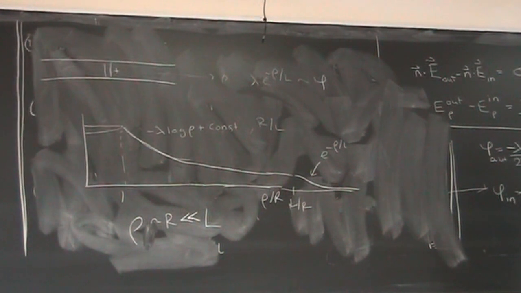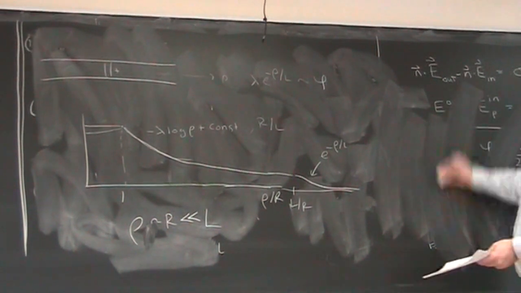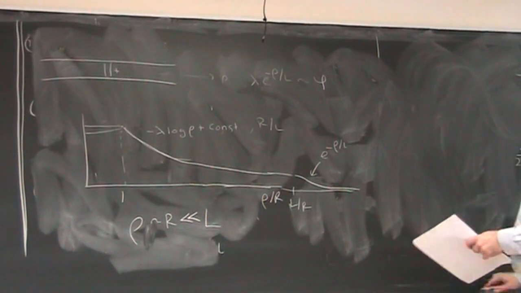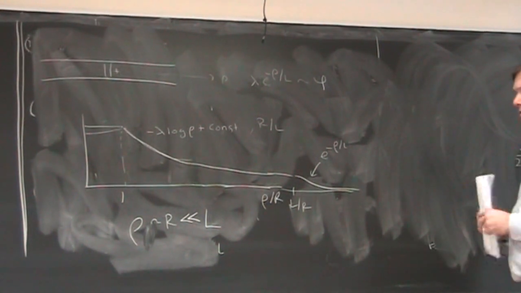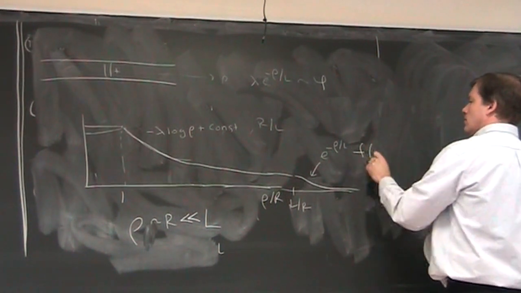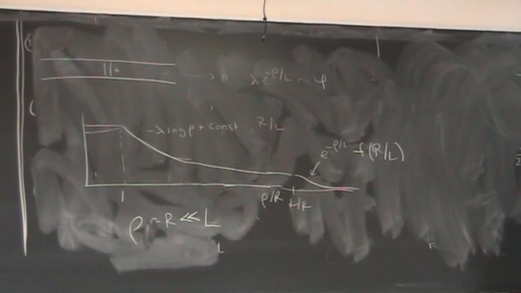Sure, you would. That's where the power of analysis comes in. You would say it goes like e to the minus rho over R, and then there's some function of R over L. What else could it be?